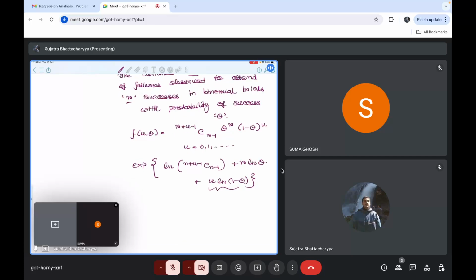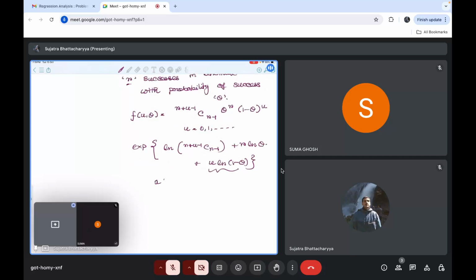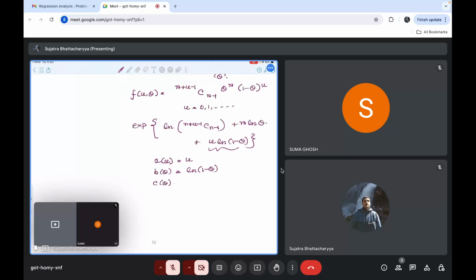Okay, so a of u can be written as u, b of theta can be written as log of 1 minus theta, c of theta is r log theta, and d of u is nothing but log of (u + r - 1 choose r - 1), and it is of canonical form, right? So this also belongs to the exponential family of distribution.